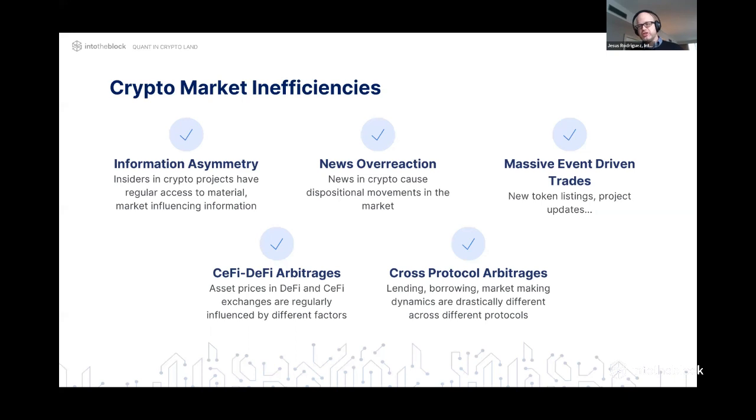In traditional markets, the equivalent would be mergers, acquisitions, a spin-off, or massive news that could trigger a movement in a given security. In the case of crypto, things like token listings have a disproportional impact on the market.